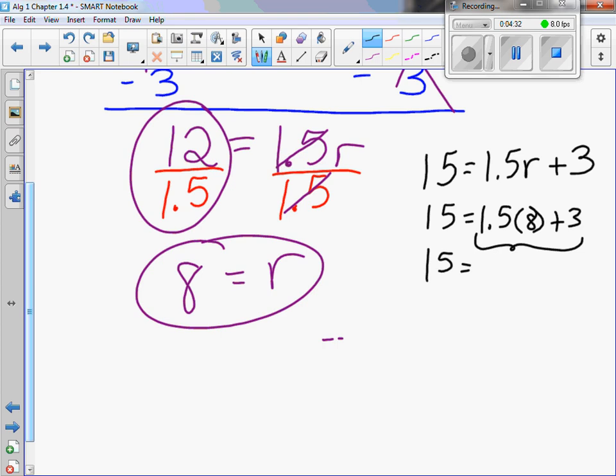And what should we get? 15, yes? So most of these, as long as you did the steps correctly, both sides will be the same. It's a good way to check and see, did I do it right? Because if you did, it will tell you yes, it is the right answer. If not, it'll tell you no.